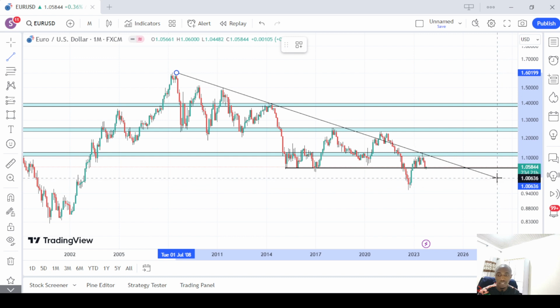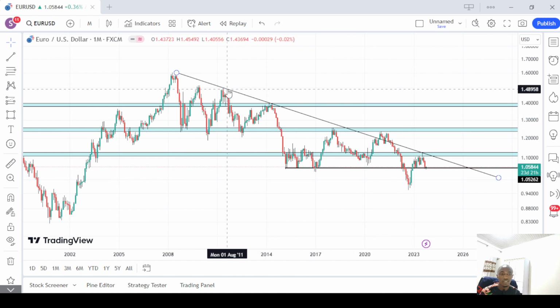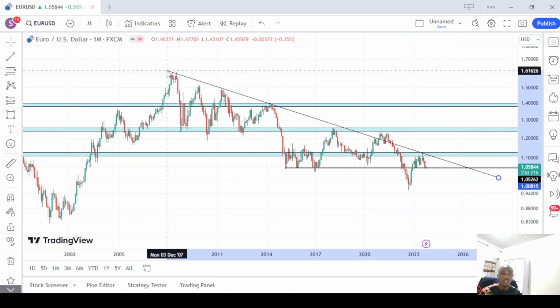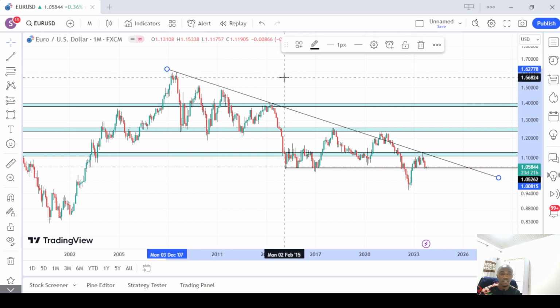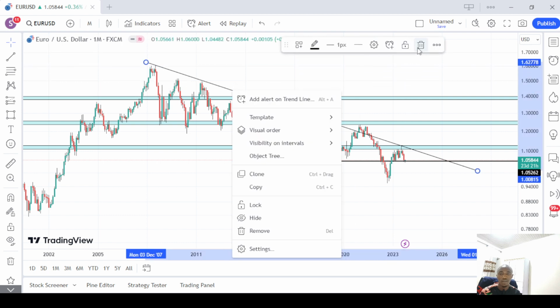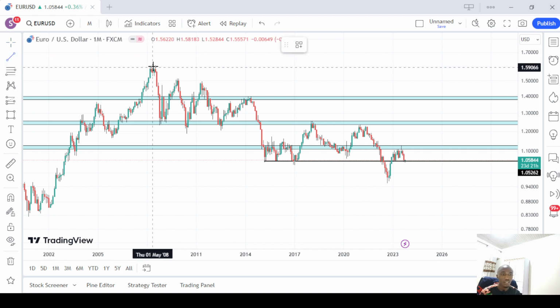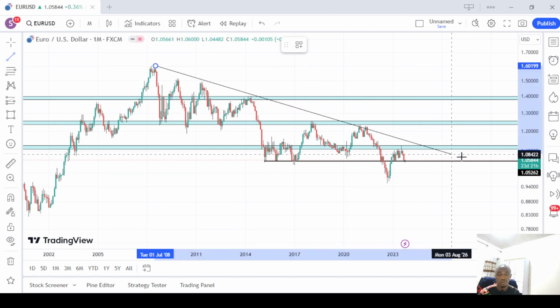So having our trend lines here, you can see price has been respecting the trend line for quite a while now.